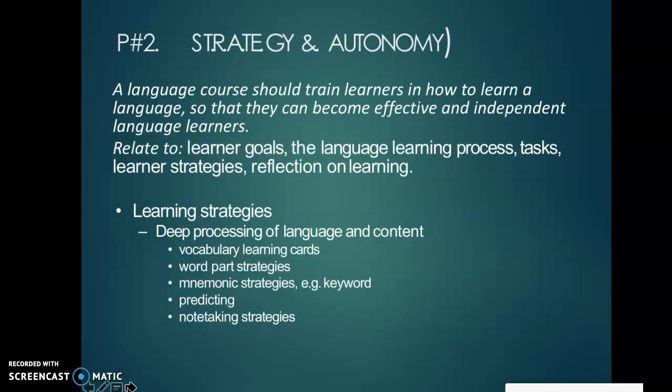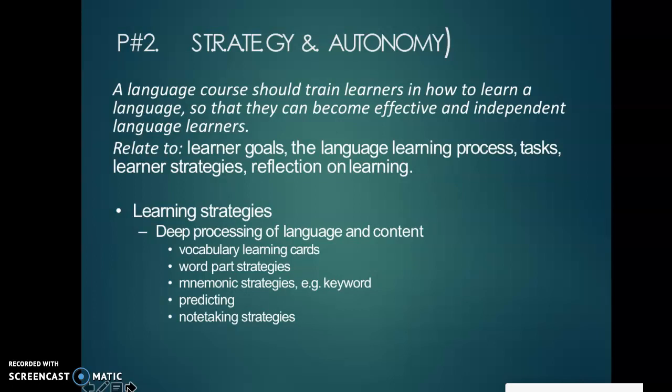Strategy and autonomy. It is related to learners' goals, the language learning process, tasks, learner strategies, and reflection on the learning. For example, the learning strategies in a language course should contain deep processing of the language and content, like vocabulary learning cards, word part strategies, mnemonic strategies, predicting, and note-taking strategies.